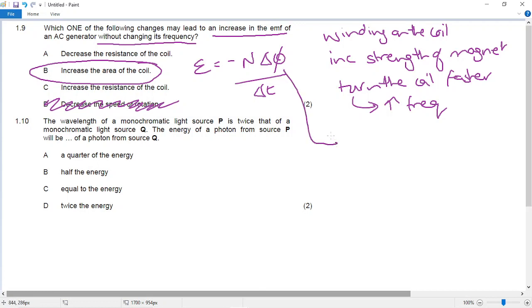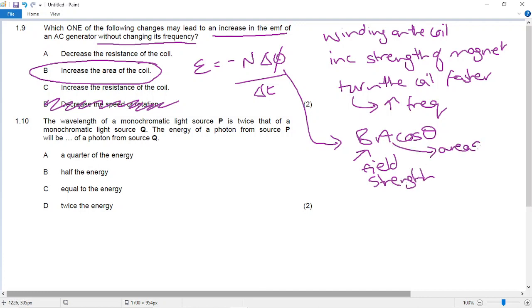And this one is BA cos theta, where B is the field strength of the magnet, and then A is the area of the coil. So if we increase the area of the coil, we will also increase the EMF without changing the frequency.